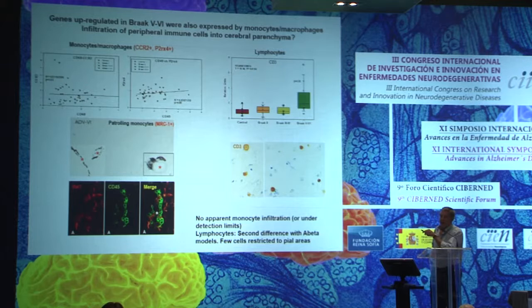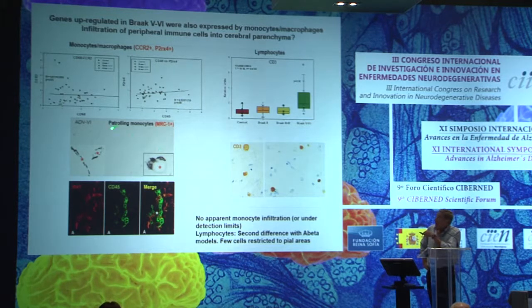Trying to discriminate active microglia from monocytes, we measured the expression of two more markers specific for the monocyte population, CCR2 and P2RX4. And we did not observe any correlation between activation and a specific marker for the monocyte population.